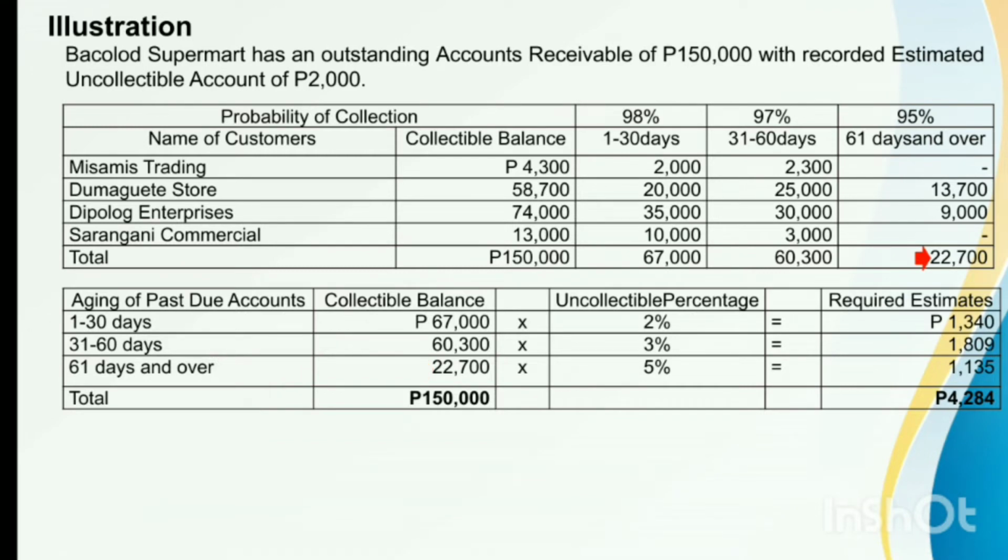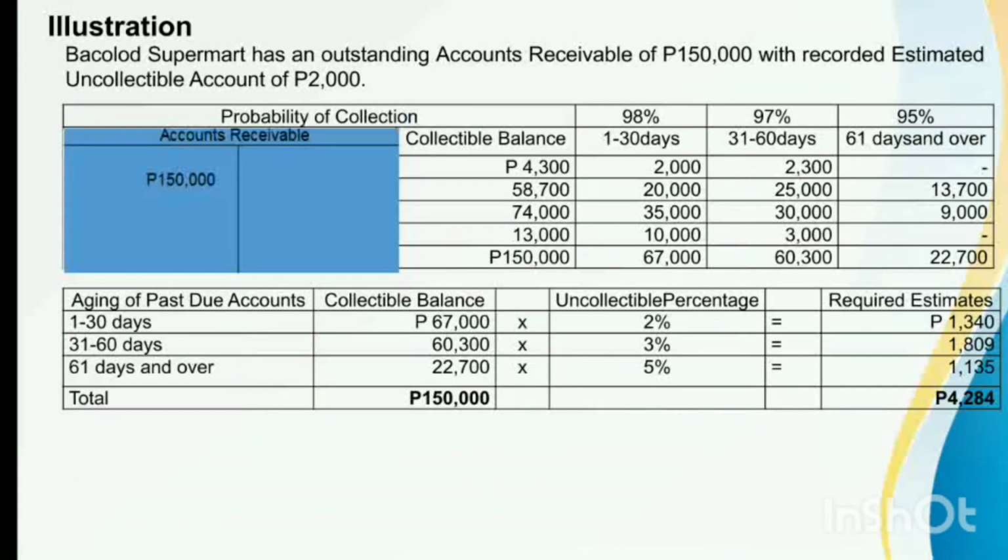So the answer to that is 1,135. So 1,340 plus 1,809 plus 1,135. So the total required estimated uncollectible accounts is 4,284. But take note that there is already an existing provision for uncollectible account, and that is the 2,000 pesos.